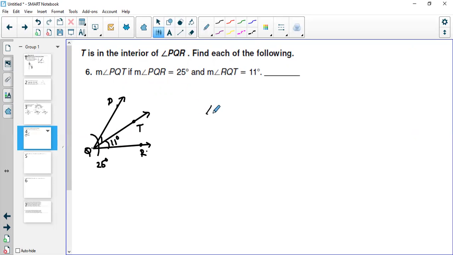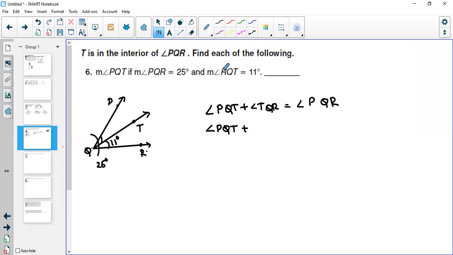But you have to write the statement first, saying angle PQT plus angle TQR is equal to angle PQR. Okay, you have to write this statement. So what is angle PQT? We don't know.